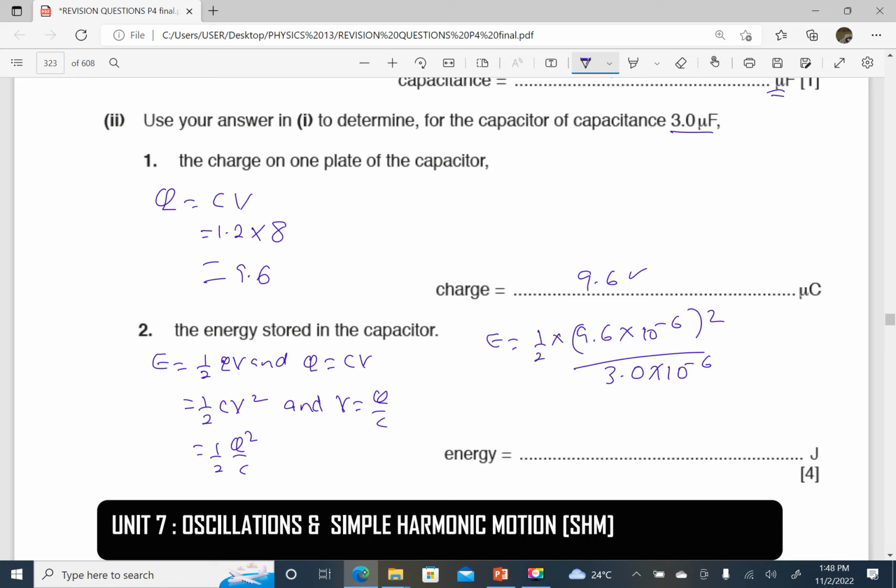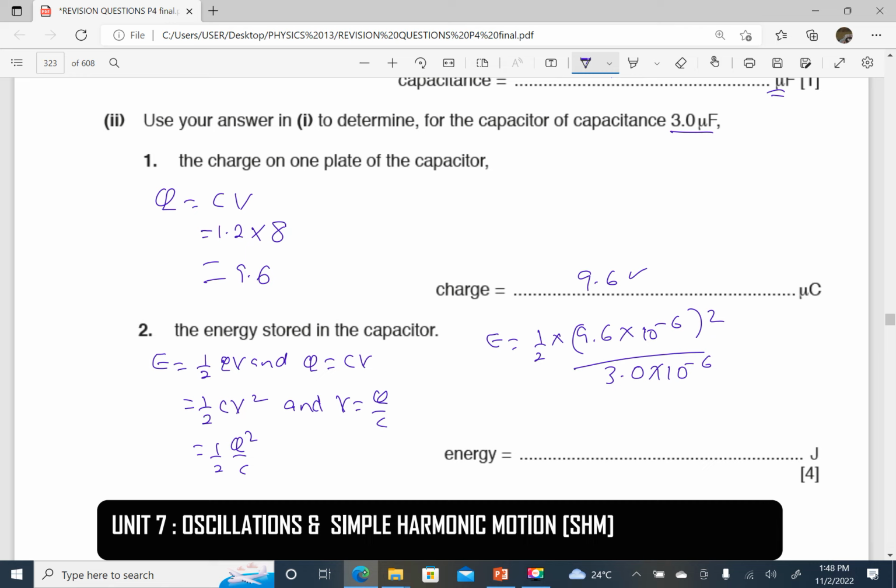You could first substitute in Q and V, or you first find the Q, but Q is already found. All you need is to substitute in one of those equations. Whichever you substitute in will give you a correct value. You could use CV squared if V is given, or you would find the V across the 2 microfarads.